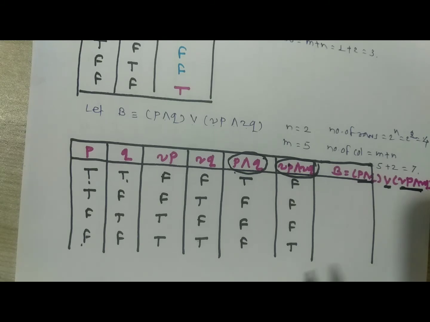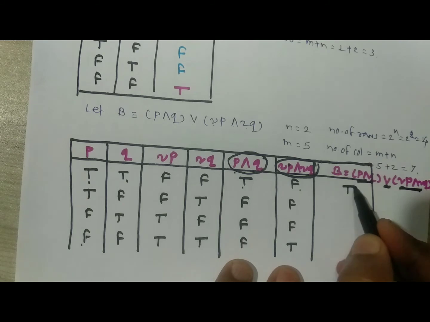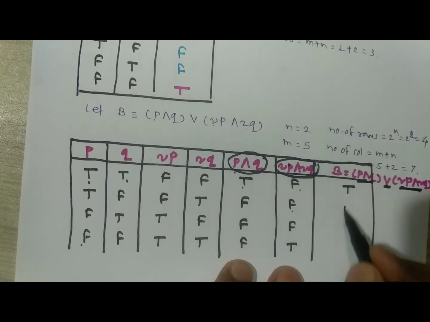These two columns are considered for disjunction. According to that disjunction, true, false, then it is true. False, false, then it is false. False, false, then it is false. False, true, it is true.